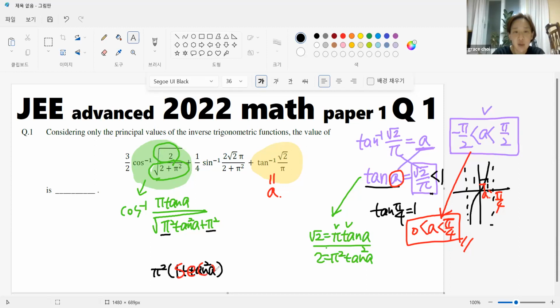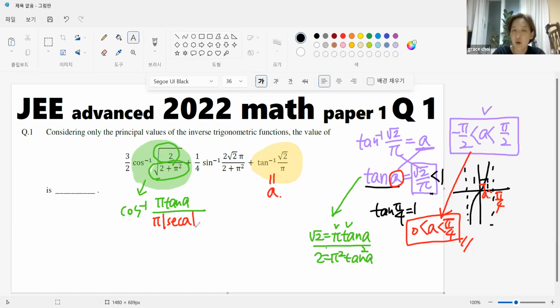So secant A squared, and then square root. Much simpler. Then pi times absolute secant A, we can say. So the denominator is pi times absolute secant A, because we don't know the sign of secant A.